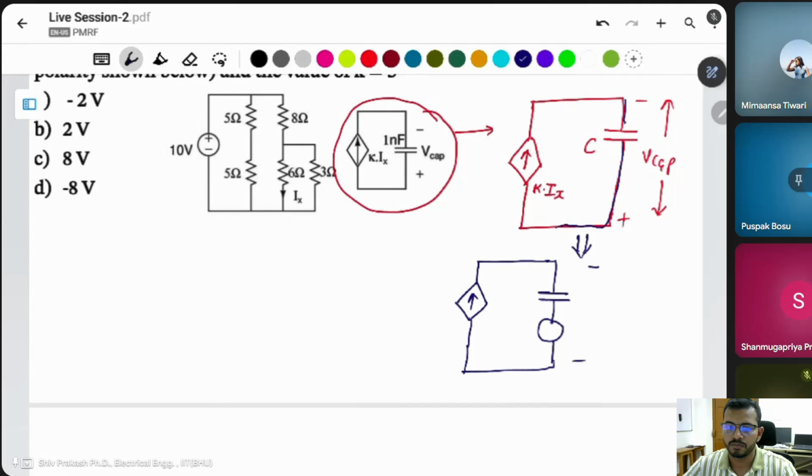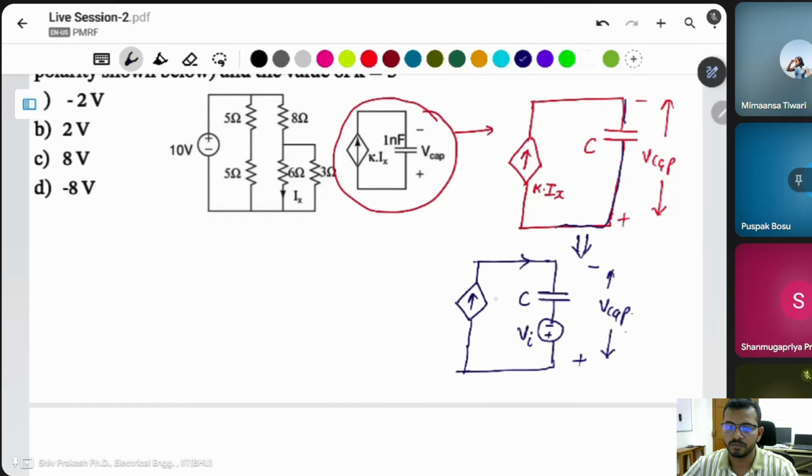The symbol is the same as the capacitor symbol, this is plus, this is minus. I denote it as Vi, the initial voltage of the capacitor, and the current is flowing like that. So the voltage across this terminal is the same as V capacitor.